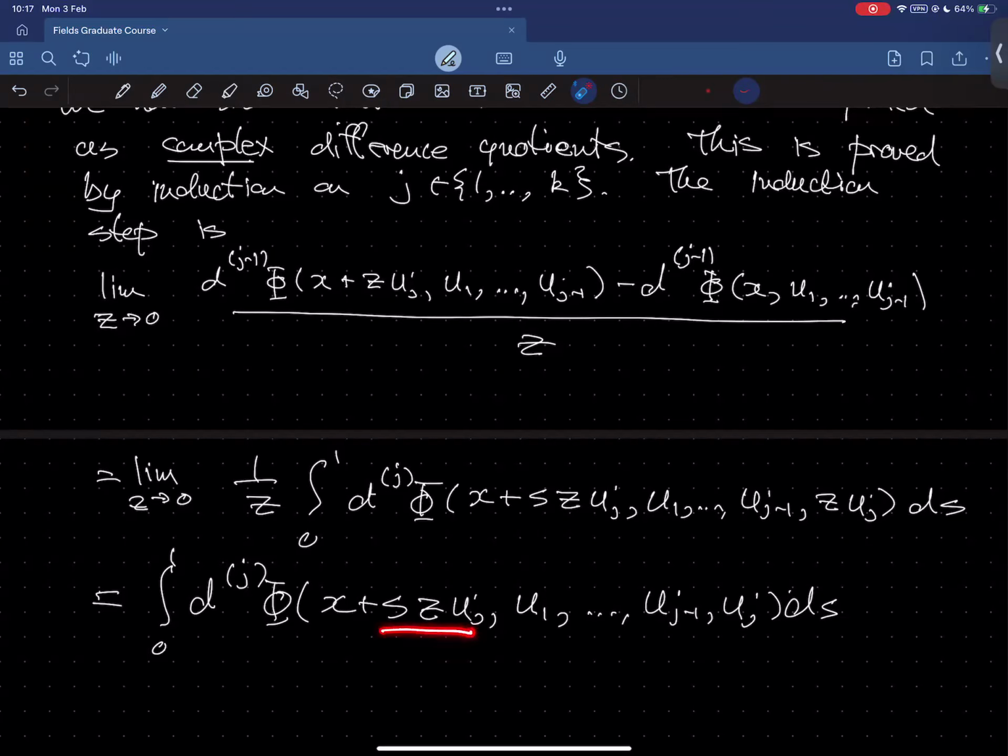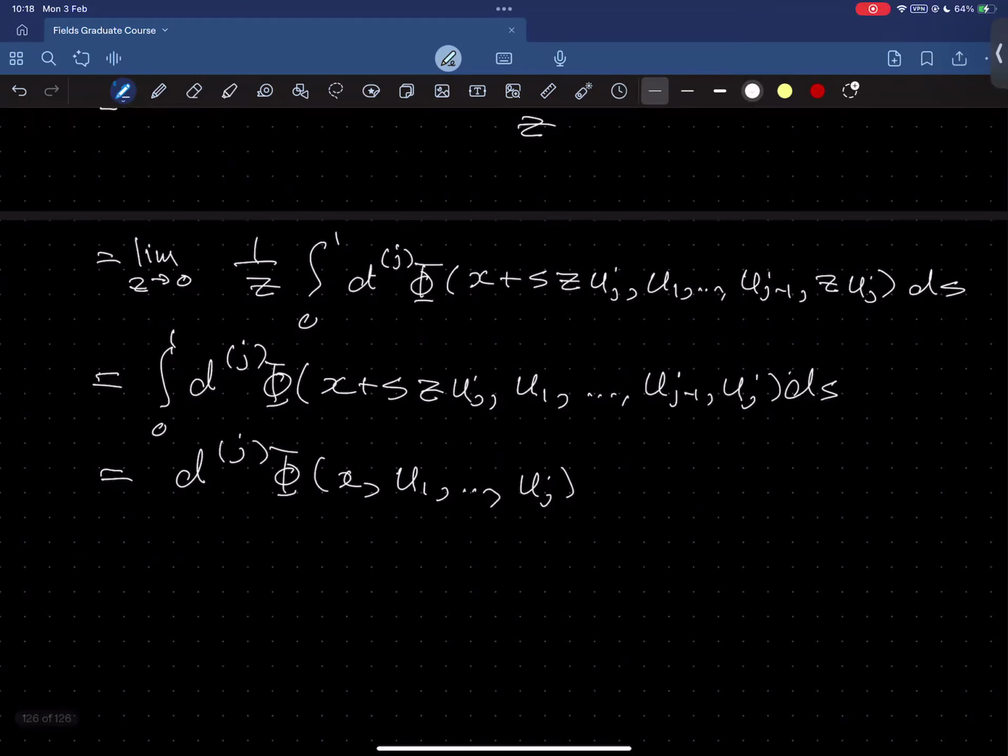This is the only place that z appears in the formula, so that's going to go away. So the integral will now be independent of s, and this is just dj phi of x applied to u1 up to uj.